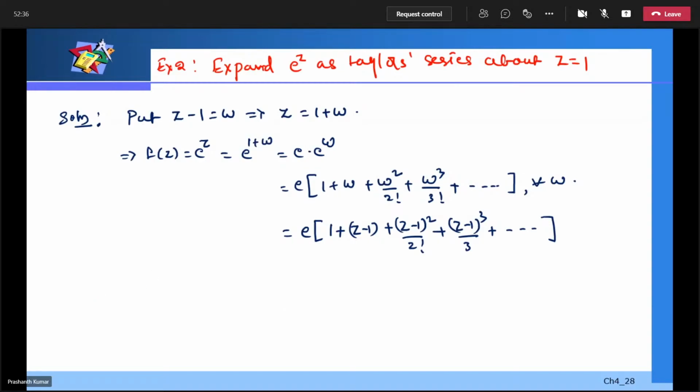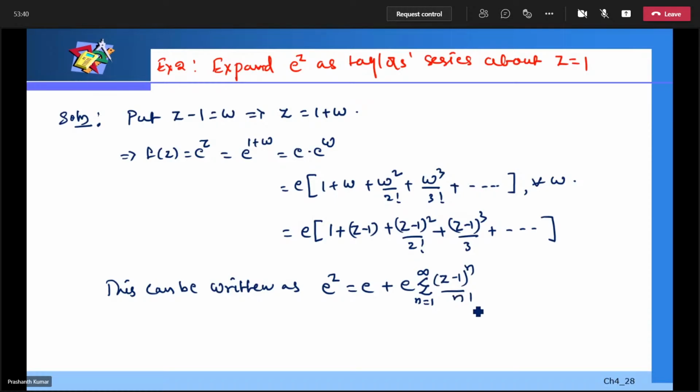Okay, so this can be written as e to the power of z is equal to e plus e into sigma notation, n runs from 1 to infinity, z minus 1 whole to the power of n by n factorial.